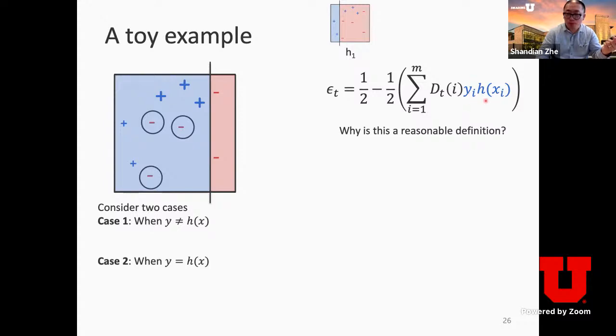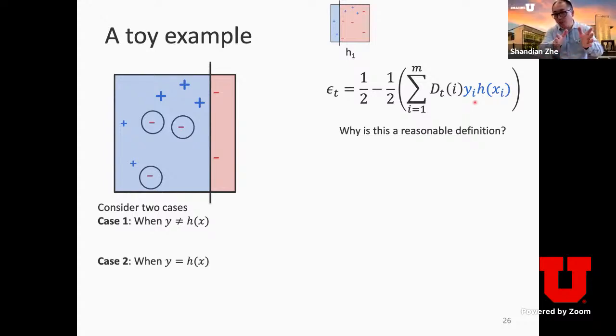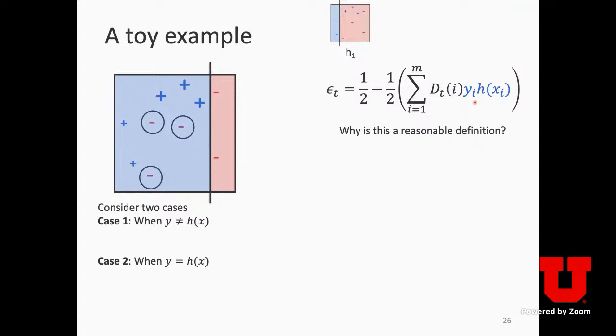If yi is 1 and h of xi is 0, then it's wrong, so the multiplication would be 0. Oh no, we assume that your prediction is always 1 or -1. There's no 0. But if it's wrong, it will always be negative.